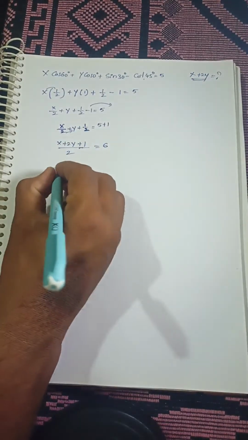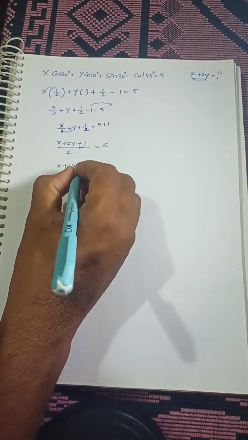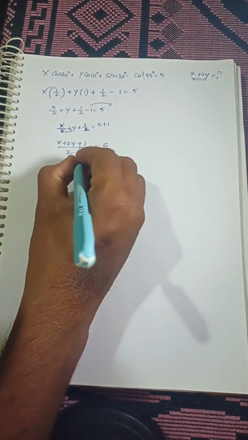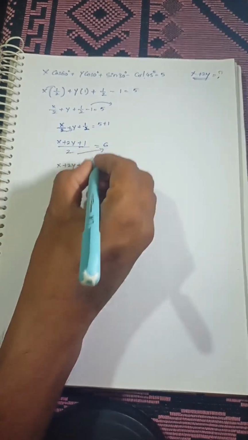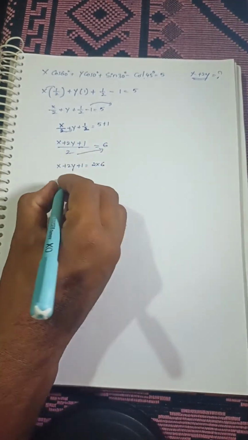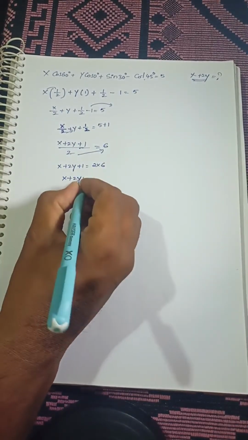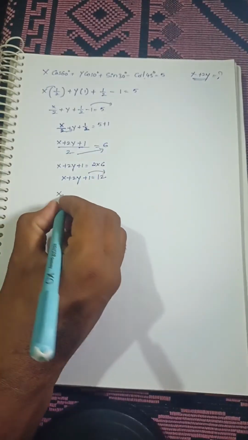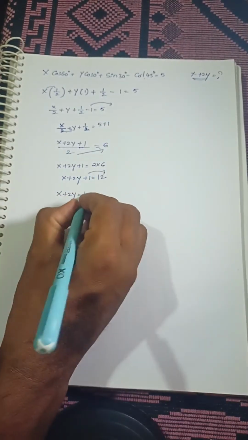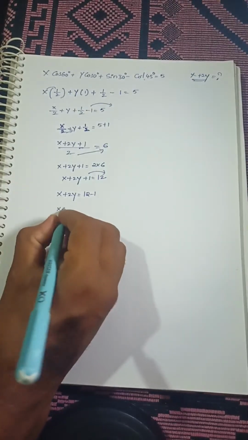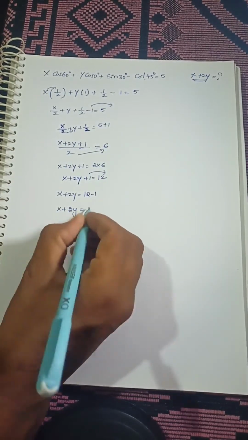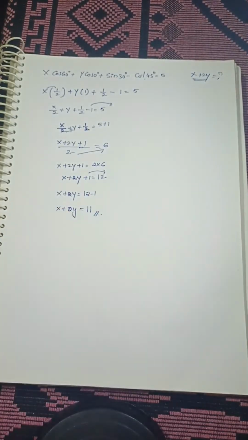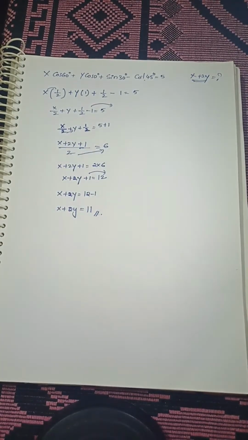Now see, x plus 2y plus 1 is equal to, do cross multiplication, 2 into 6, x plus 2y plus 1 is equal to 12. Plus 1 taken to the other side becomes minus, x plus 2y is equal to 12 minus 1, x plus 2y is equal to 11. It is not z, dear, it is 2. I think you got this problem now. That's it.